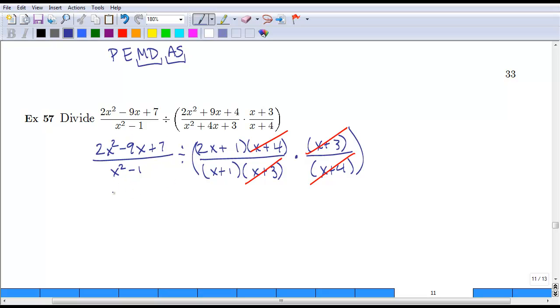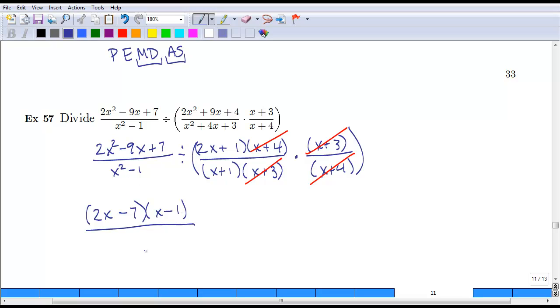Now we can factor and simplify this first fraction. 2x squared minus 9x plus 7. Again, we know we're going to need a 2x and an x, and the only factors of 7 are 1 and 7. I'm actually going to split them this way, 7 and 1, and make them both negative, because then I will end up with a negative 2x and a negative 7x, which will give me my negative 9x.